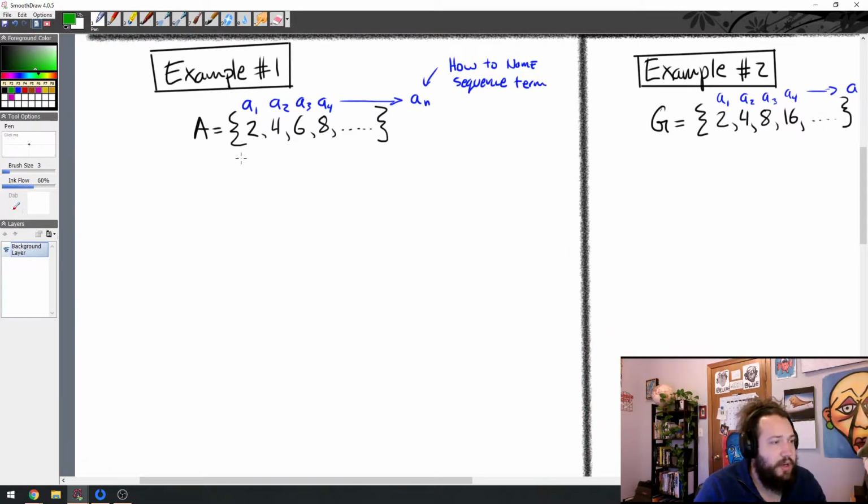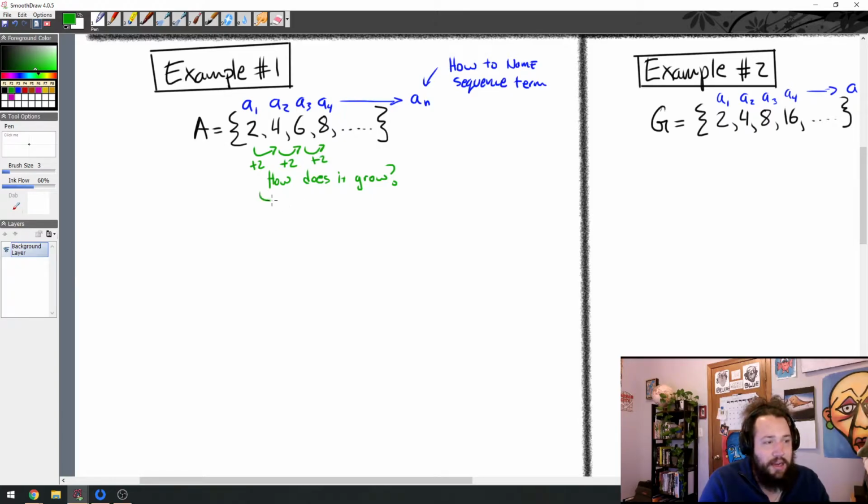Then the next question we always have to ask ourselves is, how does this grow? If it's growing like this one, 2 to 4, 4 to 6, 6 to 8, this is adding 2, plus 2, plus 2, plus 2.